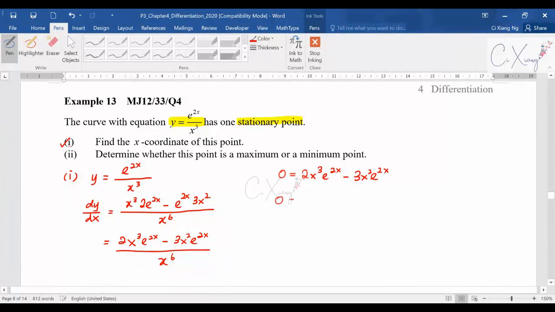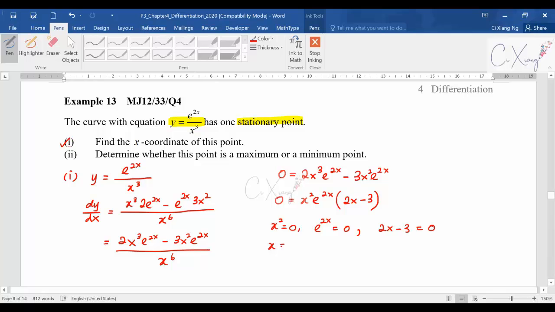Okay, and after that, what I can do is factorize something out of my equation, so I just left 2x minus 3. When you try to solve everything here, you have x squared equals 0, e power 2x equals 0, 2x minus 3 equals 0.